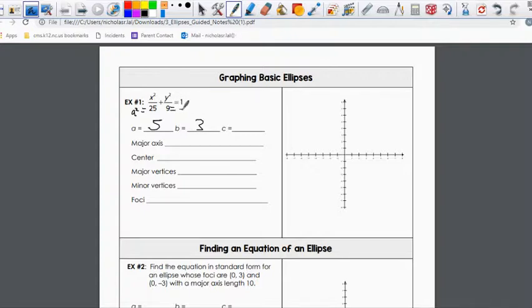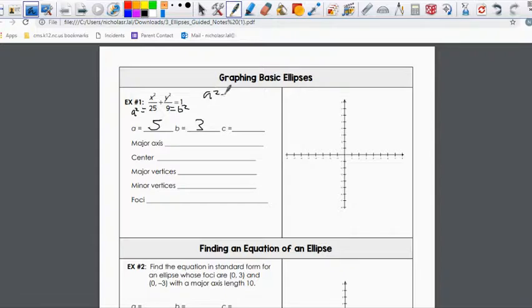and 9 is equal to b squared. Then c, with our Pythagorean relation, we know that a squared equals b squared plus c squared.